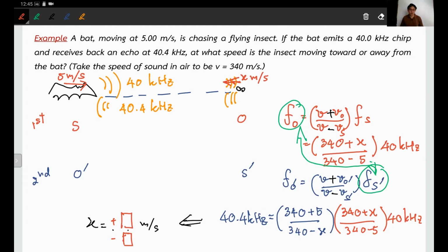You can also use this to detect, for example, the blood speed in your vein or blood vessel by doing an ultrasound. You shoot ultrasonic sound into your bloodstream, and then you listen for the reflection from it.